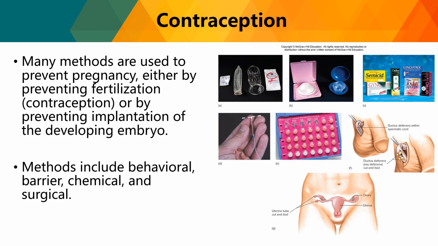Behavioral methods are about self-restraint and enduring, where you challenge yourself. Barrier methods are the cups and the condoms. Chemical methods are the pills that you drink. Surgical methods are vasectomy and ligation. So, there are many ways of contraception.